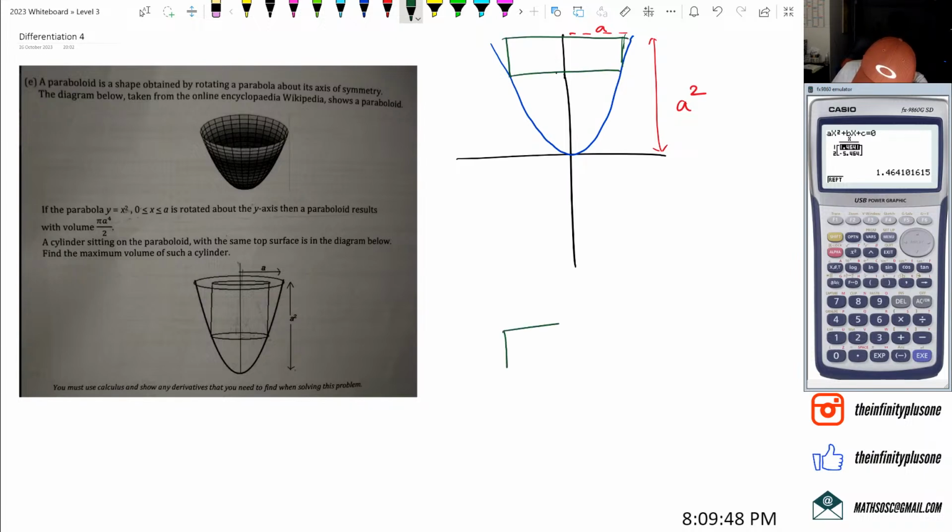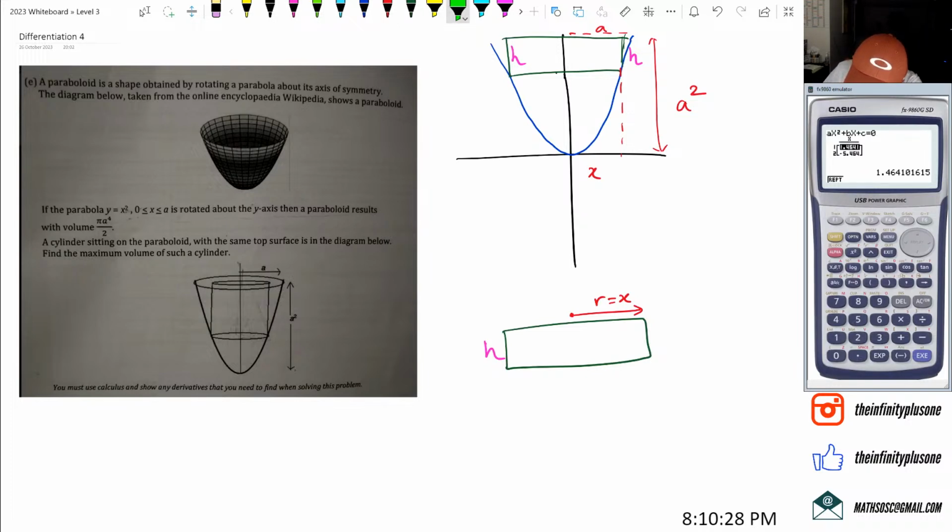If I look at this green cylinder, a couple of things to notice: the radius is from there to there, so that's just going to be x. Then the height of the cylinder is equal to a squared minus this distance.